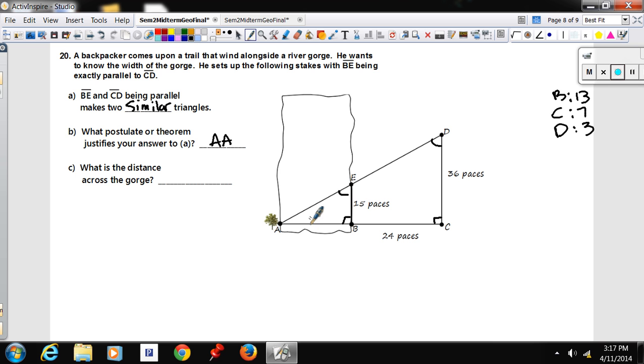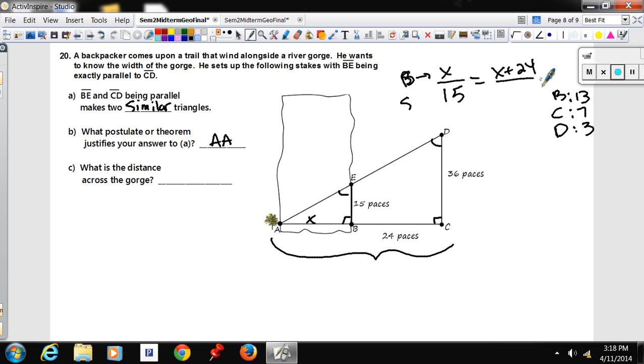And then the last part is this distance across the gorge. Most of you missed this answer. You've got your small triangle X over your bottom small triangle 15. So let's say that would be the bottom over the side equals the bottom, which is this whole bottom, X plus 24. That's what you guys always forget to do. You forget to add those two together, over the whole back side, 36.